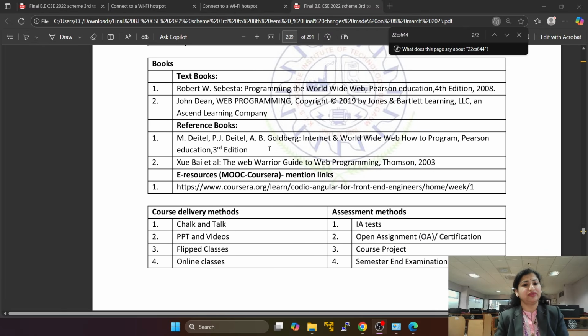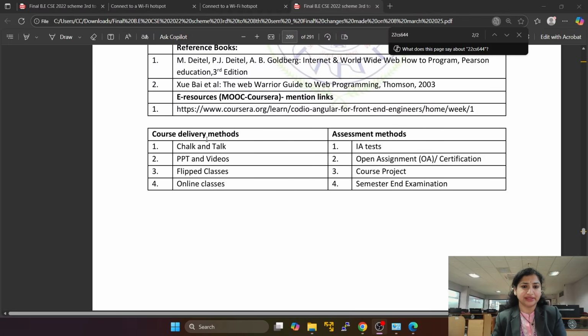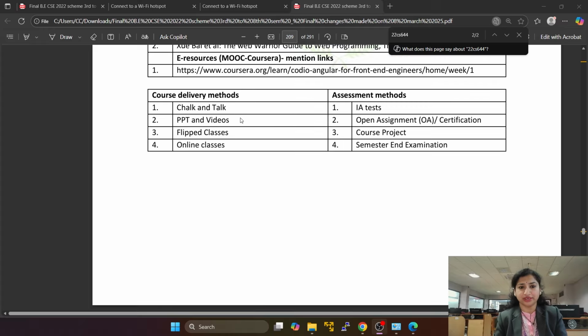We have the textbooks, which are available in the library. We also have a few online resources that I'll be telling in the class, from which you can learn and explore a lot. In the syllabus, Coursera has also been recommended, where you can complete a course, and this will add to your resume.